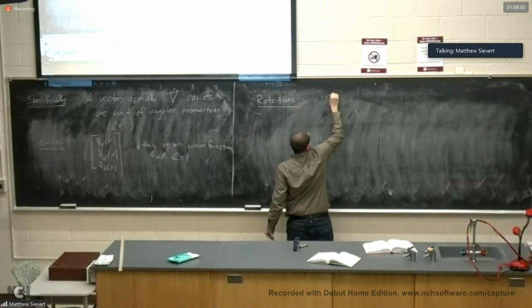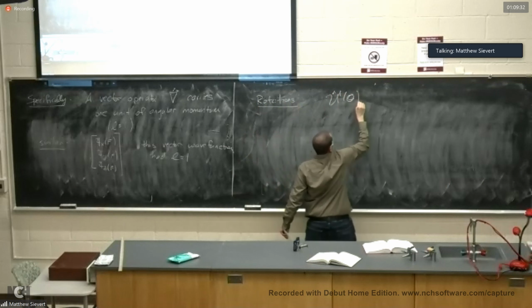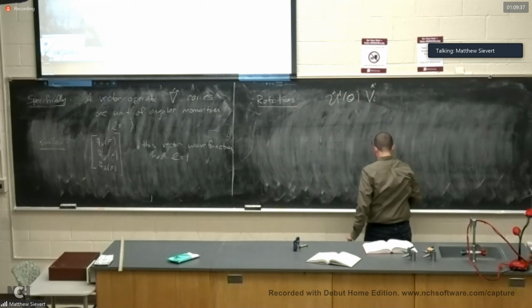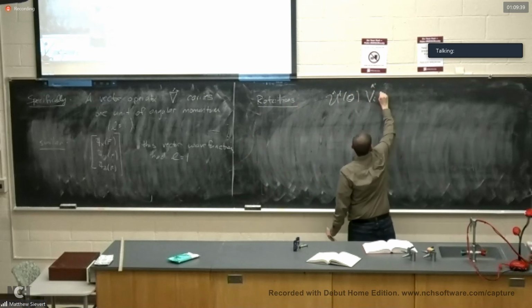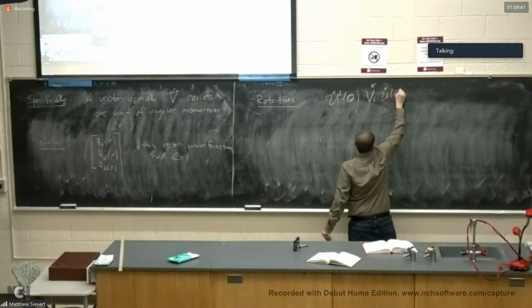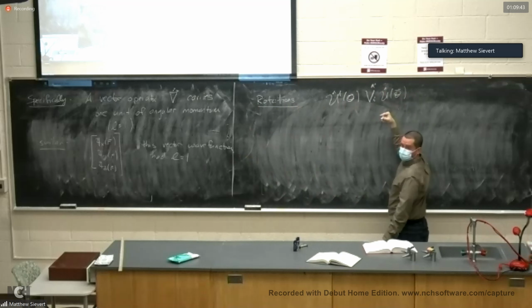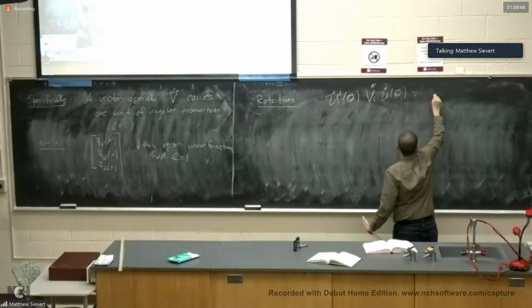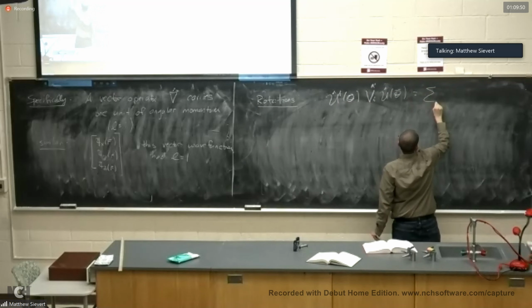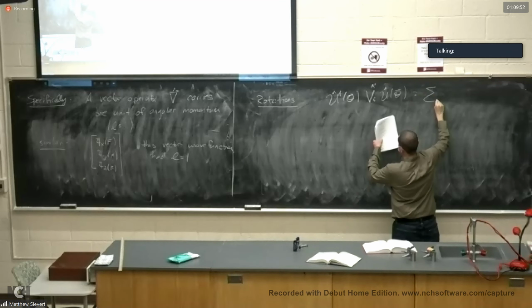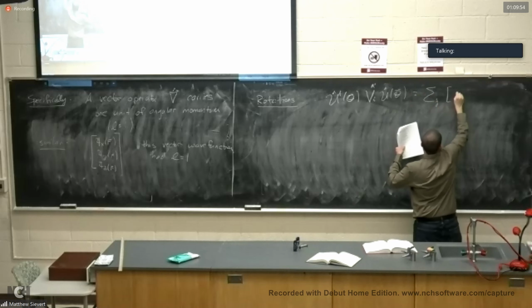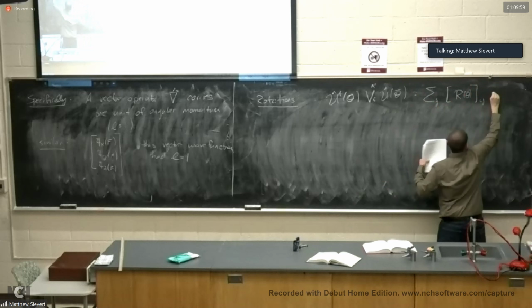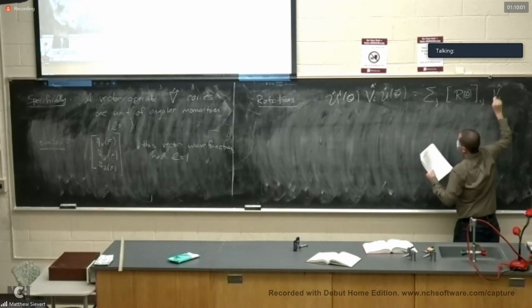If I take the rotation operator, U dagger of theta, and I act on the ith component of the vector V, this was how the operator transformed, the Heisenberg representation, U dagger V_i U. This was equal to the rotation matrix R of theta, ij, V_j.